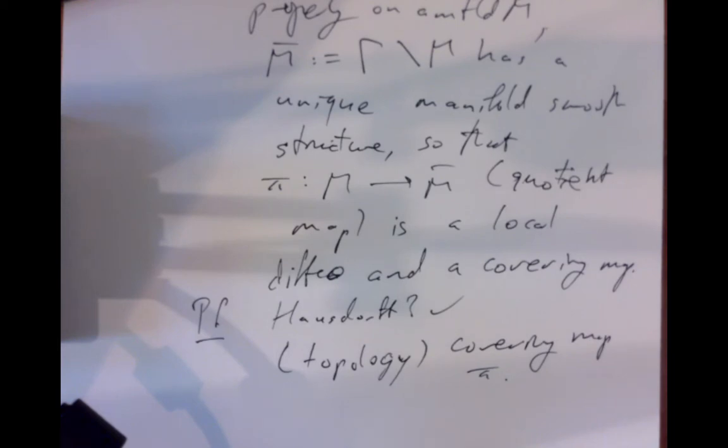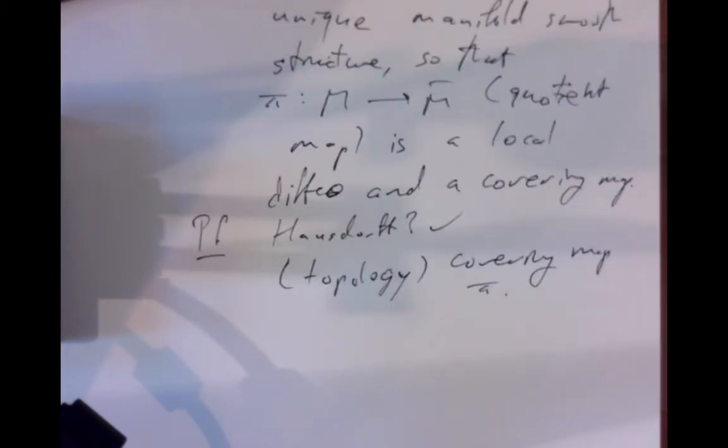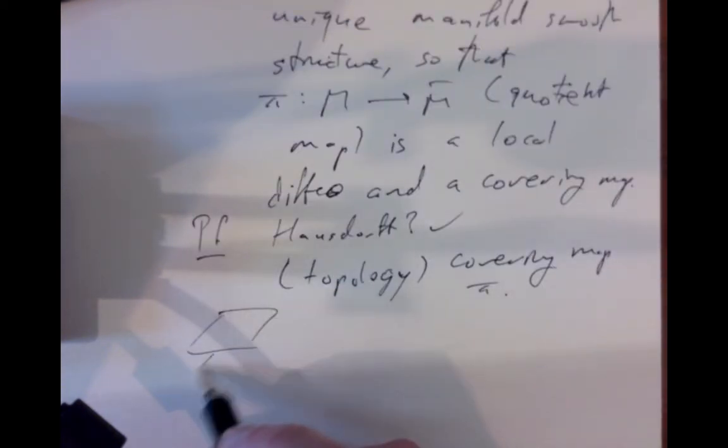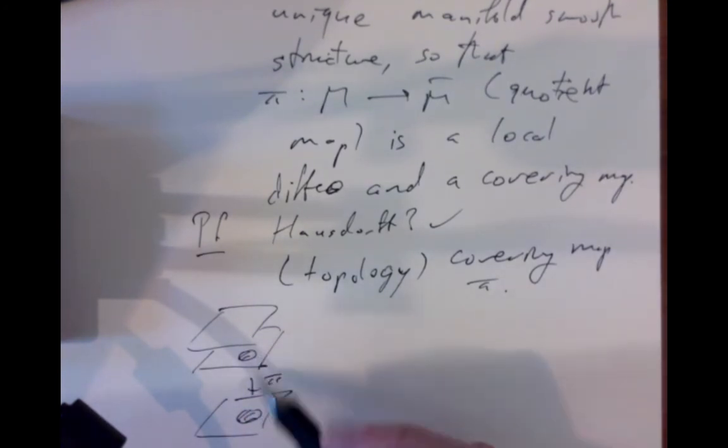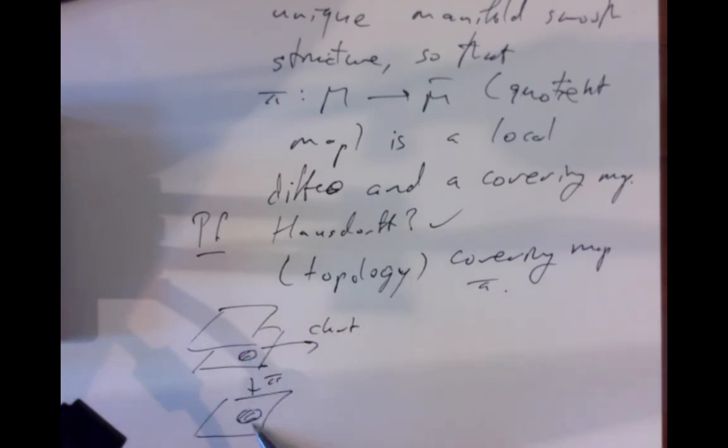But then, just as we had the general construction of a covering, saying that if you had a covering space, you could use charts downstairs on the downstairs manifold to pull them back and compose them with the quotient map to make charts upstairs, the same thing works the other way. Given charts up on M, you take some chart and compose it with the inverse of the covering map.